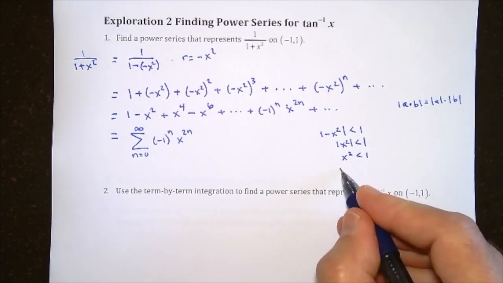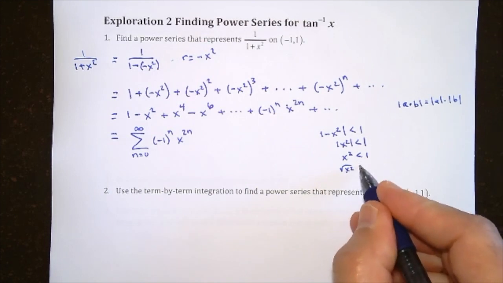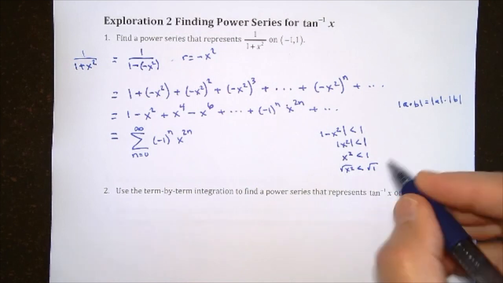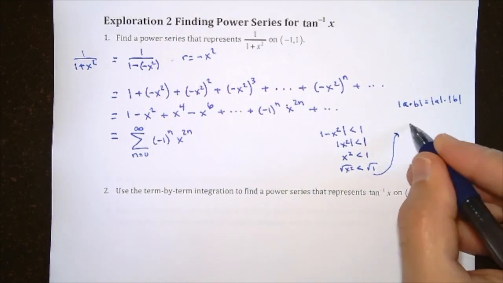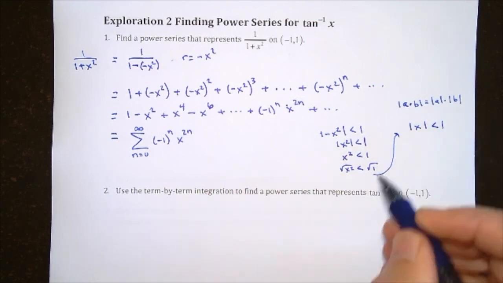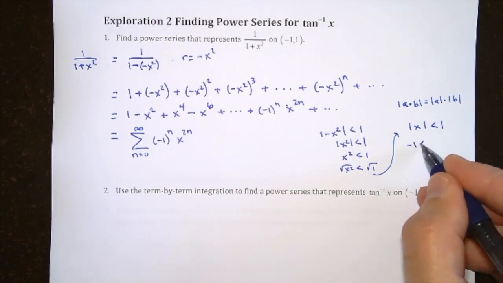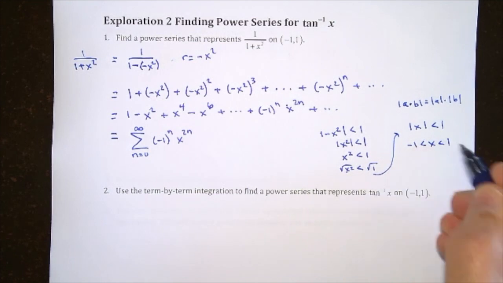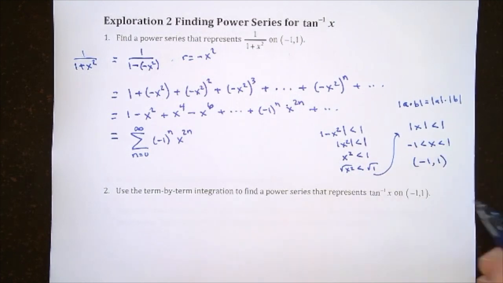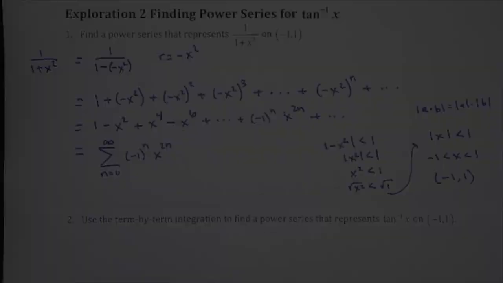Now I can square root both sides, and this becomes the absolute value of x, which would have to be less than 1, which would mean negative 1 is less than x is less than 1, which is the open interval negative 1 to 1.